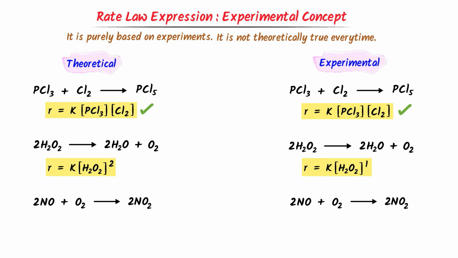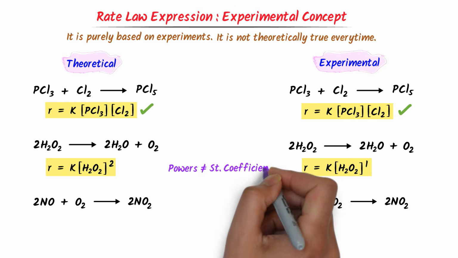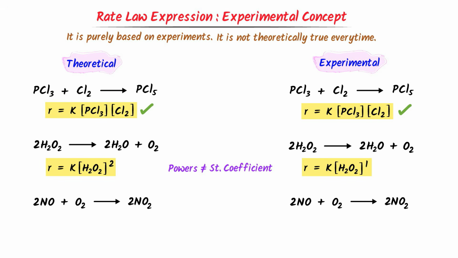It is always 1. Here, this is a big problem. I mean, everything is alright, but the powers are different. Theoretically, the power is 2, while experimentally, the power is 1.